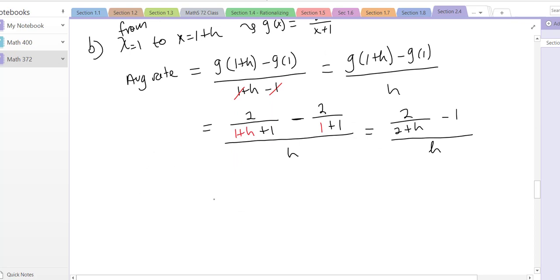So common denominator is 2 plus h, so that means this one needs to be multiplied by 2 plus h on the top and the bottom. I put a 1 under there so that you know it's a whole number, it's still a fraction if you just put a 1 under it.